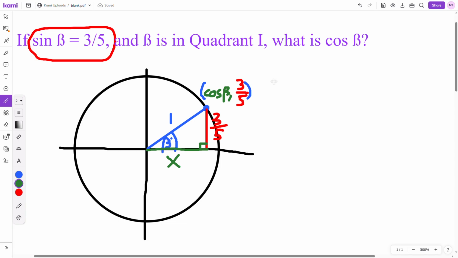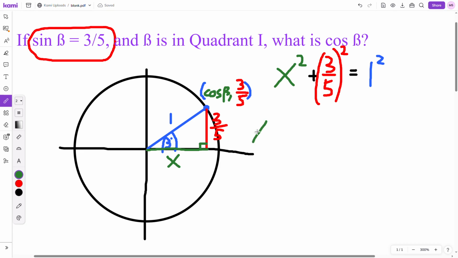So the two legs squared add up to the hypotenuse squared. So x squared plus (3/5) squared. We have to square the whole thing, which is why I'm putting parentheses around it, because otherwise you might think I only square the numerator. And this equals 1 squared, which is just 1, but I'll write it for now.